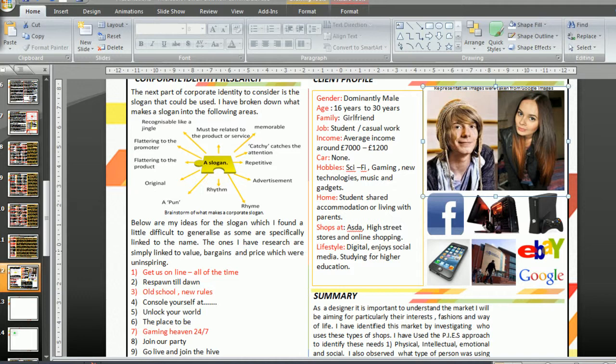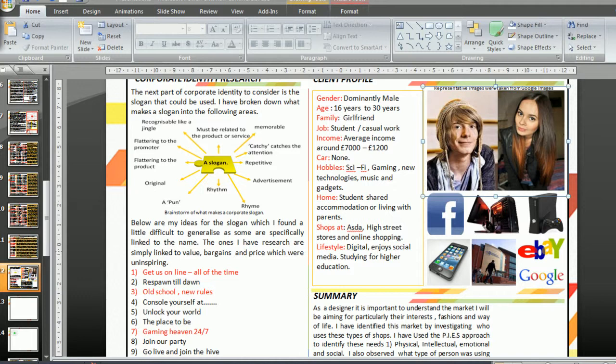Now I've put here a student but does casual work and has an average income. I can look at the average income from census data and various things like that if I need to go further into it, but on average that's probably about where people will be earning, and where they'll be moving up into the upper working class or social middle class. That's something we have to think of as well.